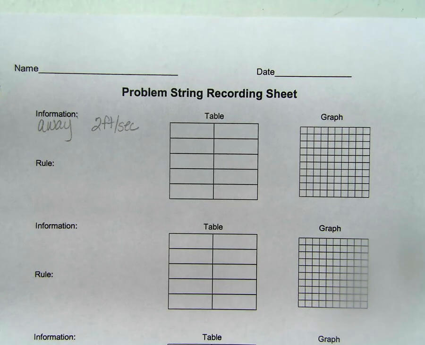Does that make sense to you how I've written this? Feet per second, feet divided by seconds. Is that okay? All right. And what's the last important piece of information? At 9 feet, he'd walked 3 seconds. How am I going to write that? Do I just write 9 feet at 3 seconds?